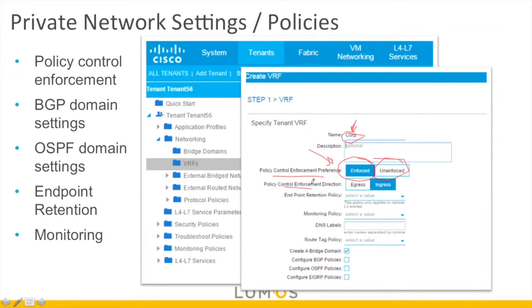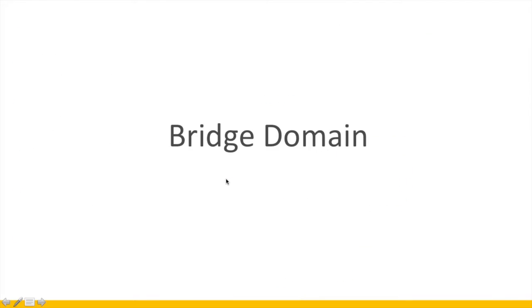Policy control enforcement direction: we make our decisions on ingress by default, or we can do egress, but typically ingress is what we do. Endpoint retention policy, and we can pick a couple of other things as well. Then we can also create a bridge domain, and configure BGP policies, OSPF policies, EIGRP policies, etc.